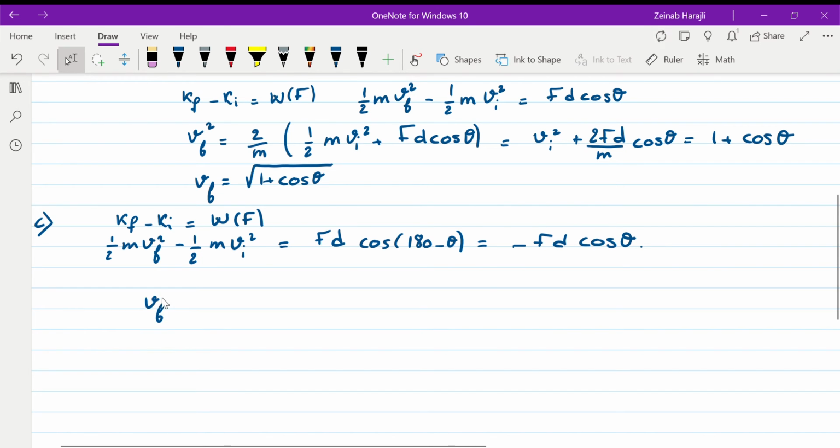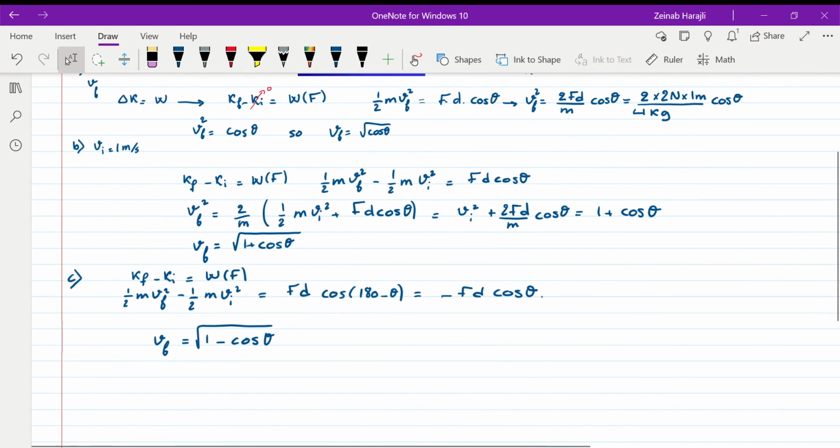Now again, if we rearrange for V final, we will do a similar calculation to part B, but we will end up with this expression 1 minus cosine theta with a radical. So this is our expression for V final.